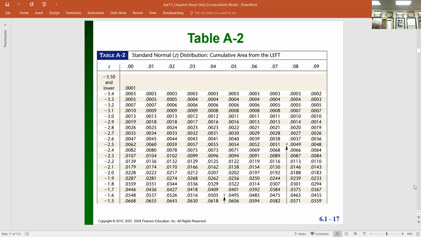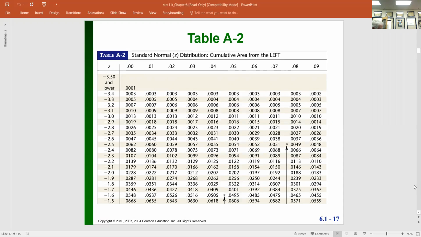The way we calculate the z-score is the value that we are interested in, 120, minus the mean, which is by definition in IQs 100. So that's 20. 120 minus 100 divided by the standard deviation. So we have 20 divided by 15, which is 1.333, etc. Right?